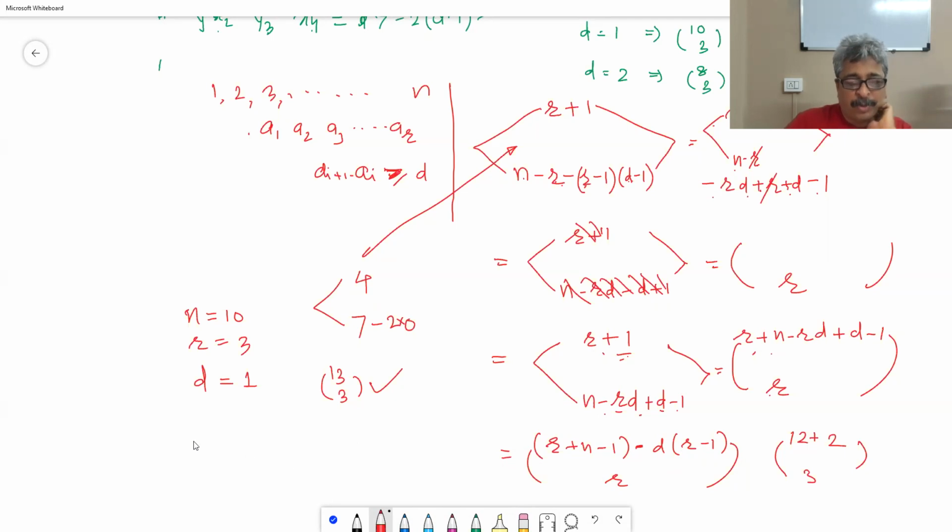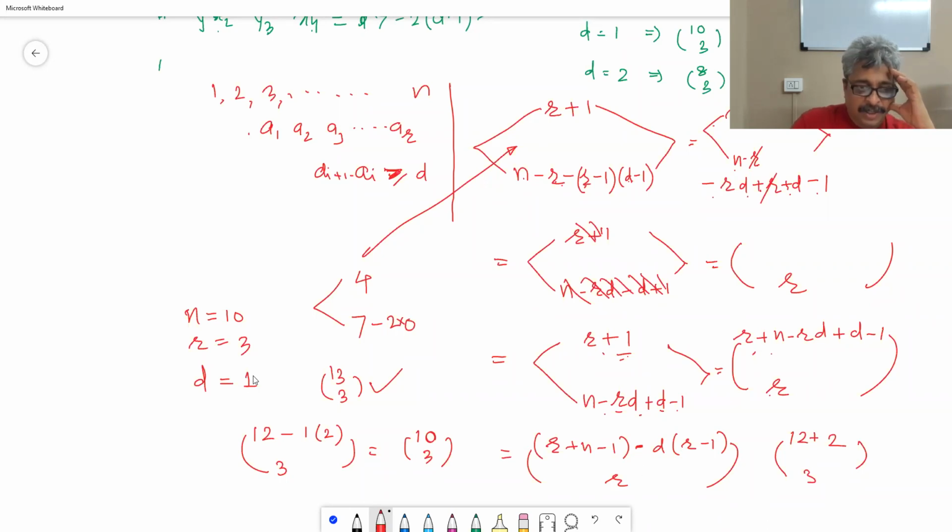Okay. Now if I put n is equal to 10 and r is equal to 3, I get 12 minus 1 times 2, choose 3. Sir, but you are getting 13. D is equal to 2.